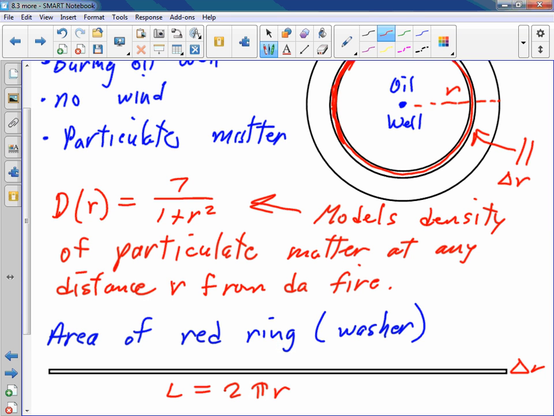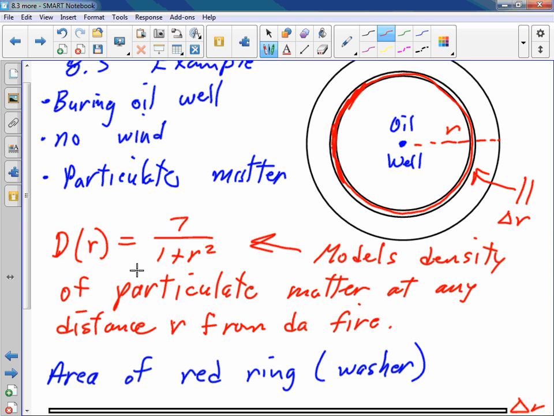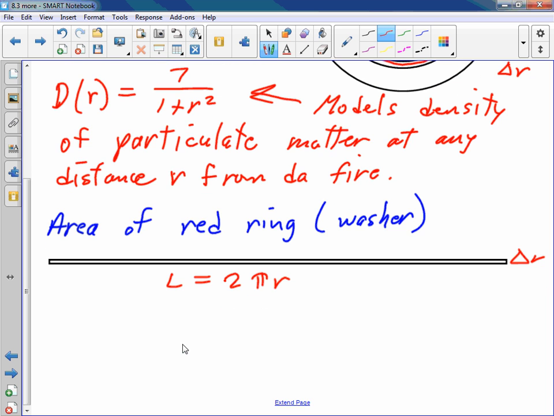Delta r. Nice, guys. Everything is in terms of r. Beautiful. And notice our density model is in terms of r. So this one is going to be sweet. Okay?